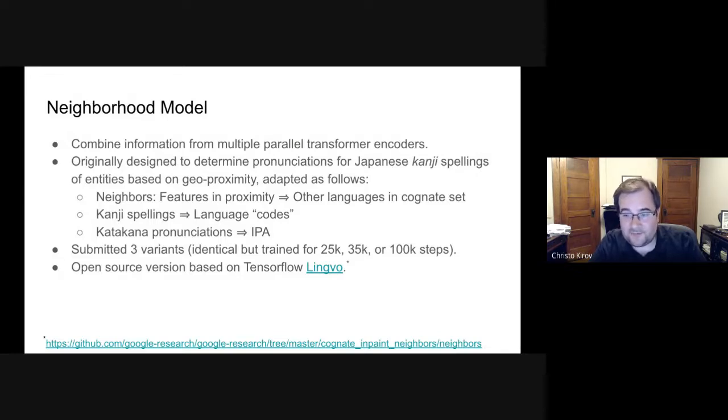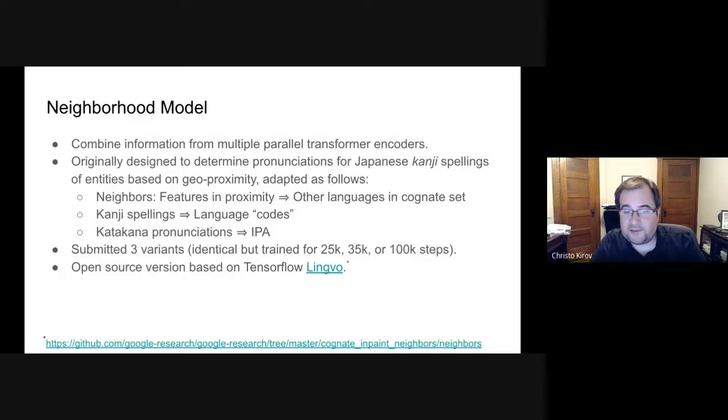However, that problem maps very cleanly and directly onto the problem of cognate reconstruction. For the shared task, we submitted 3 neighborhood model variants, which were actually identical, except for the amount of time they were trained for. So we had versions trained for 25K, 35K, or 100K steps. The reason we did this was because we were concerned about the possibility of overtraining given the small amount of data available.